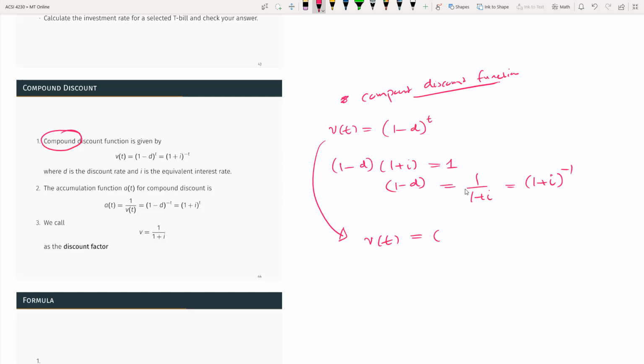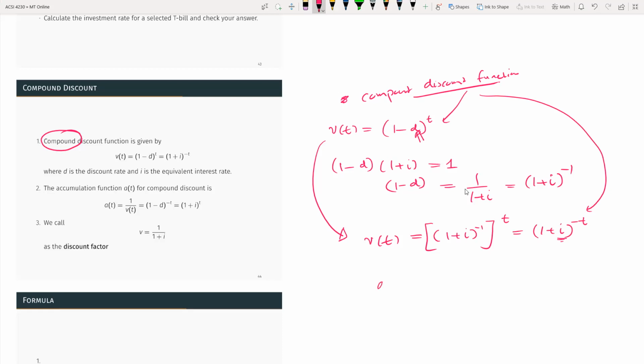It becomes 1 plus i to the power negative 1, to the power t. Basically 1 plus i to the power negative t. So this gives the same function, but written using two different types of rate. Here I am using the discount rate. Here I'm using the interest rate. But the same discount function, the same.